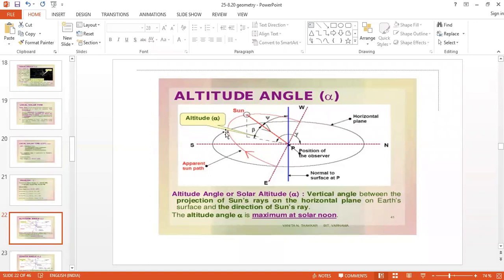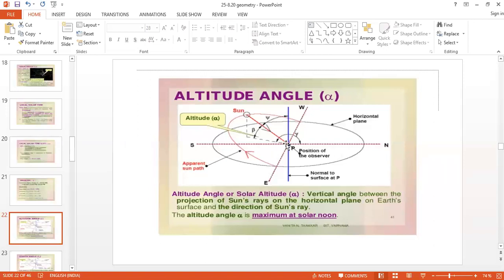This is the altitude angle, this is the sun ray, and this is the position of the observer. Suppose this is the vertical angle, this is the horizontal plane, the normal surface, and the apparent sun path.